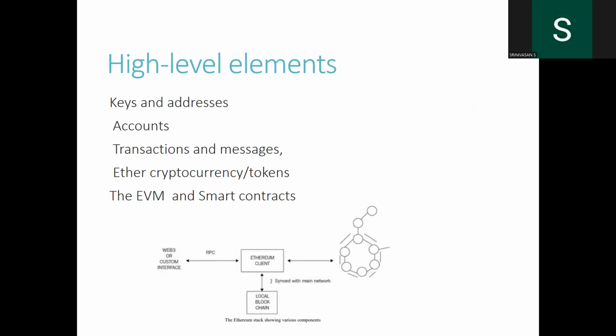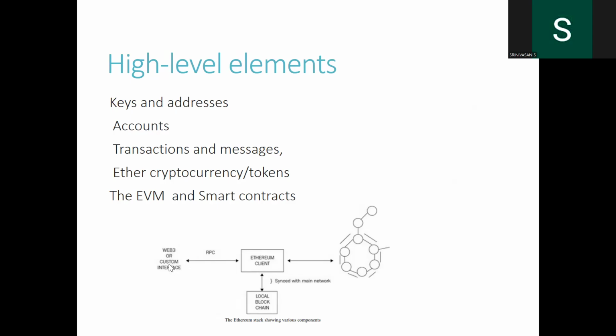The Ethereum network has a few important high-level elements. They are keys and addresses, accounts, transactions and messages, Ether cryptocurrency or tokens, the Ethereum virtual machine, and smart contracts. The following diagram shows how the Ethereum network works.